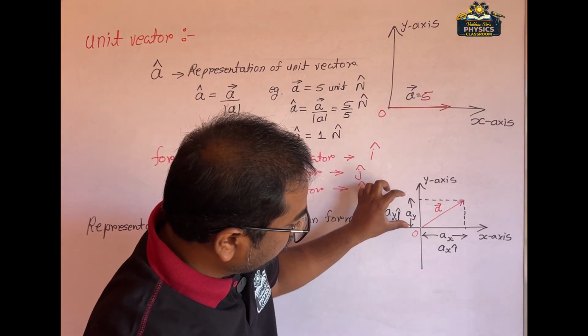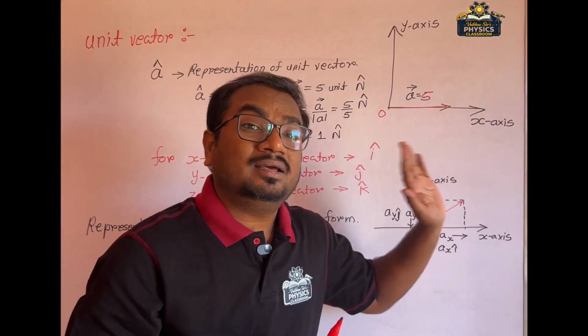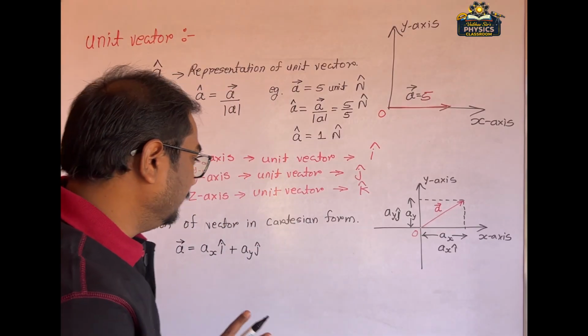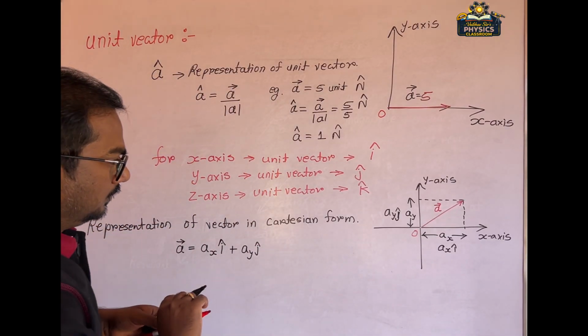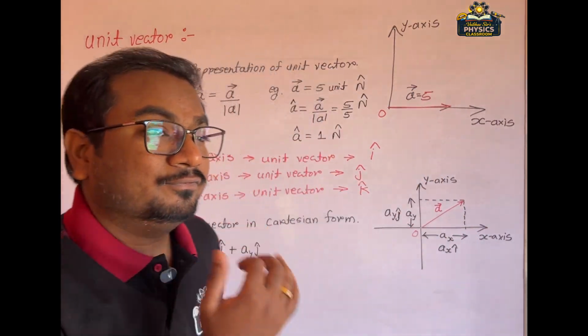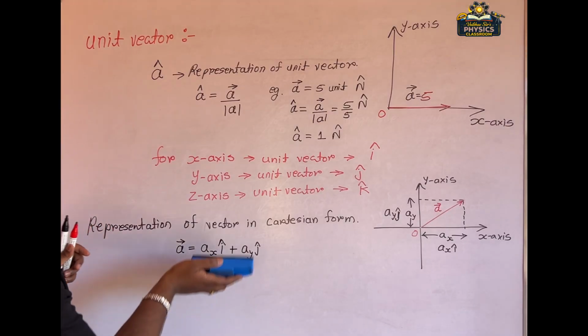If I move this line toward this, we will get the resultant vector. Now we will discuss how to represent the vector in space.